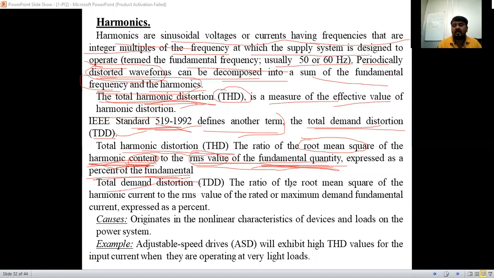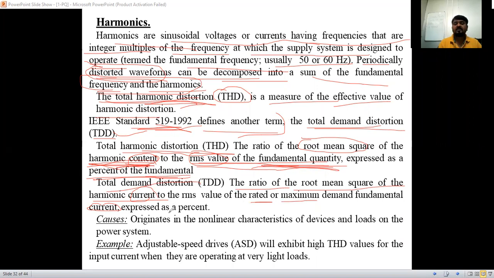THD is the ratio of the root mean square of the harmonic current. See, we have used the word current here. It is the harmonic content to the RMS value of the rated or maximum demand fundamental current. What is the maximum demand for 50 hertz? What is the fundamental current?